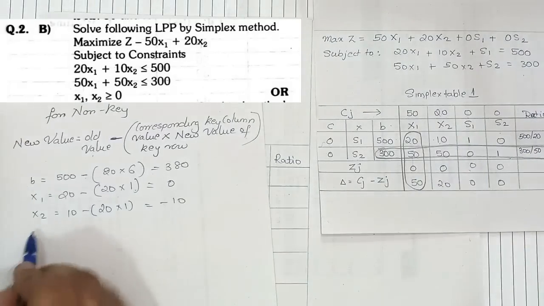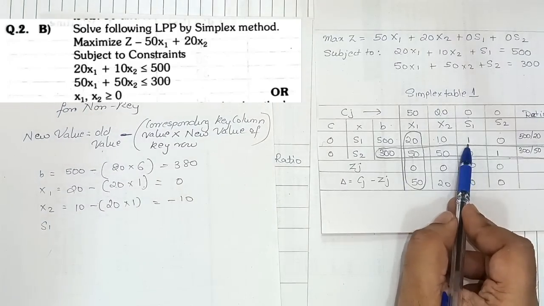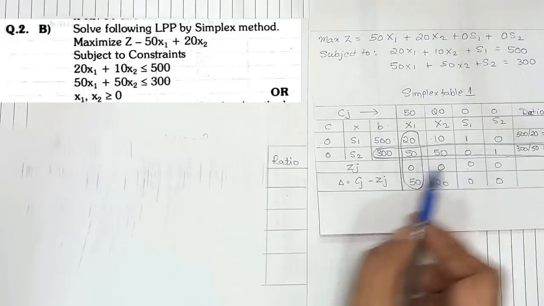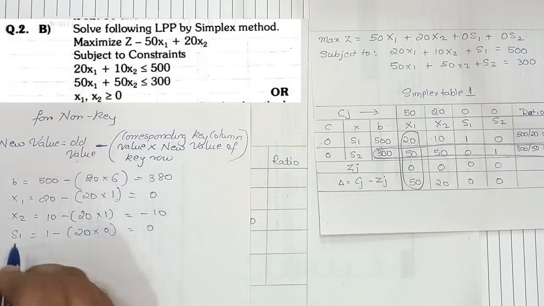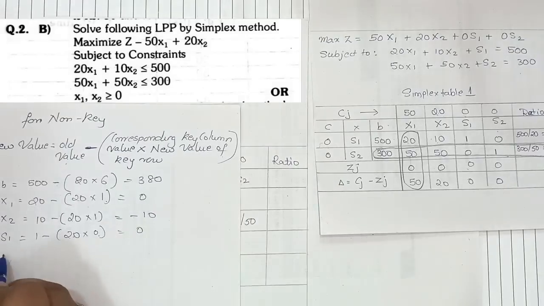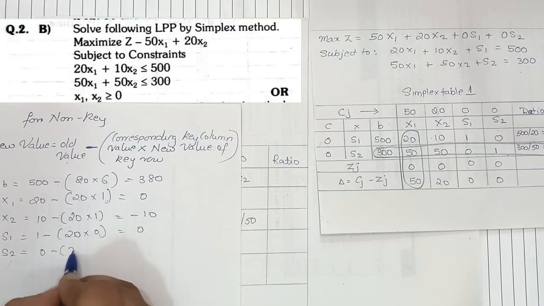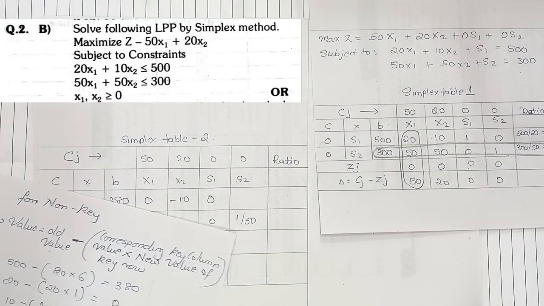Next, 1. For s1 the value is 1. So 1 minus 20 into the new value, which is 0. 20 into 0 is 0. 1 minus 0 is 1. So s1's value is 1. Last, s2, old value was 0. So 0 minus 20 into the new value which is 1 upon 50.